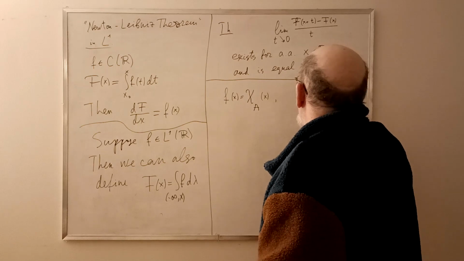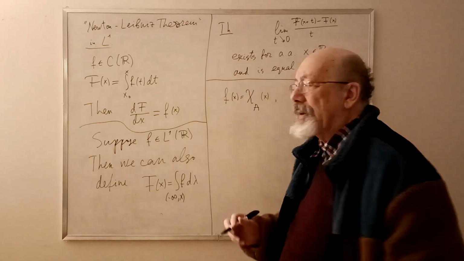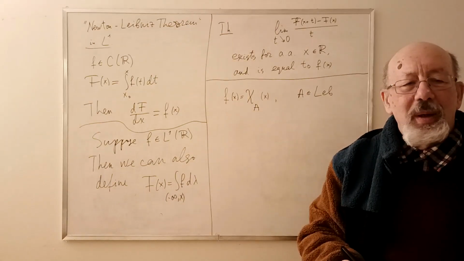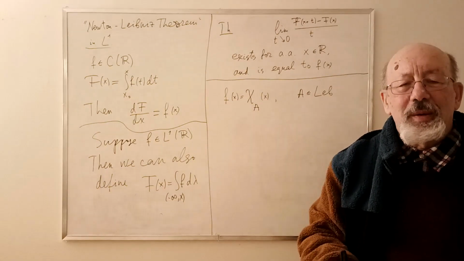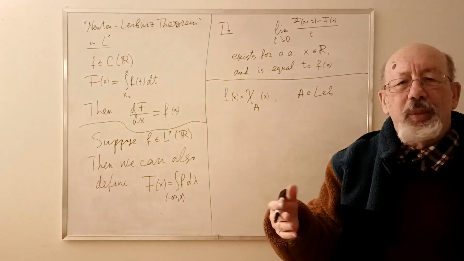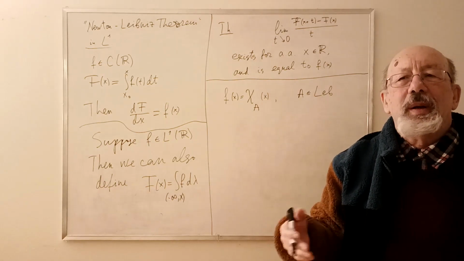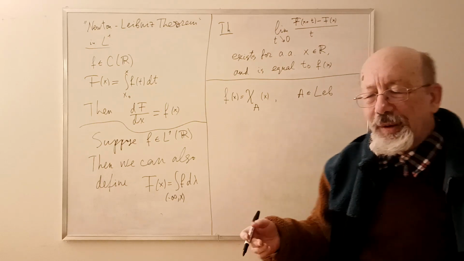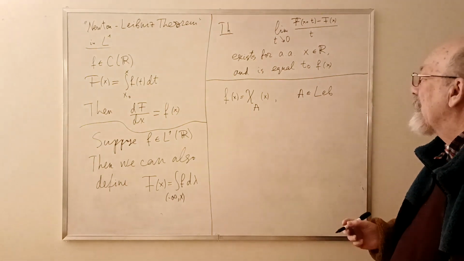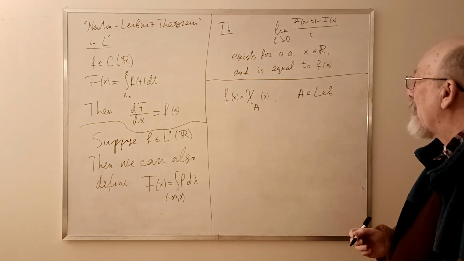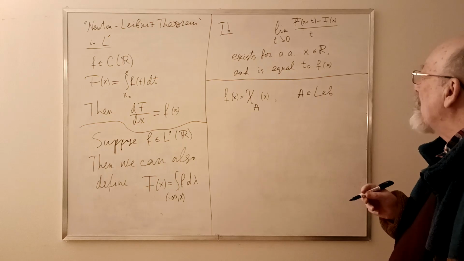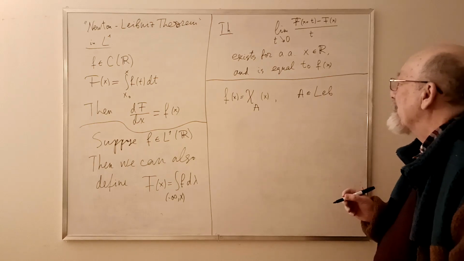A is a Lebesgue measurable set. So it is again a Borel set union with possibly a set of outer measure 0. So it is in the Lebesgue sigma algebra.